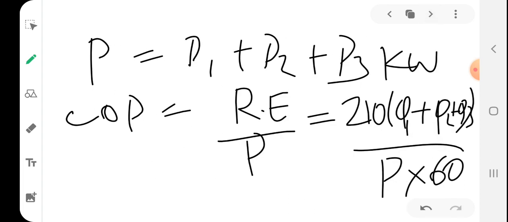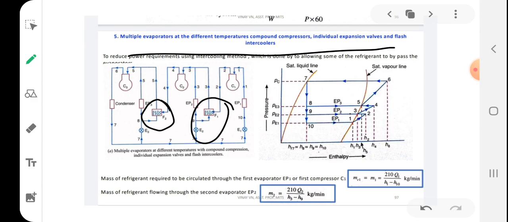But when you add flash intercoolers, as you have already learned in the case of compressors, these points reach the saturated vapor line, so that you can decrease the power required by the compressors. The rest all remains the same; the working remains the same. The only difference is that the state of refrigerant when it exits the compressors will be on the saturated vapor line if a flash intercooler is used.